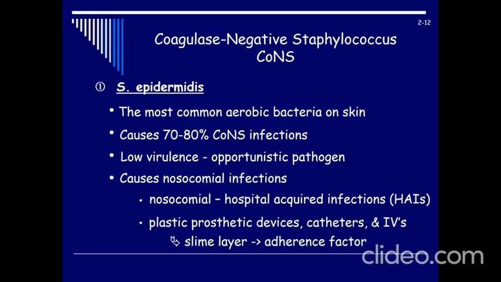And so it gets in and creates this film within the plastic prosthetic devices and can survive pretty well in there and just shed bacteria out. So Staphylococcus epidermidis is most known in the hospital for hospital-acquired infections, for prosthetic devices that have been left in too long, and we know that it could develop this pretty easily.